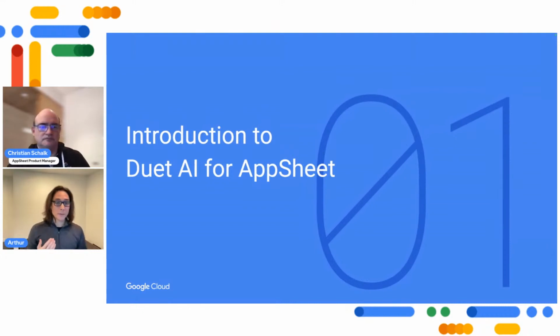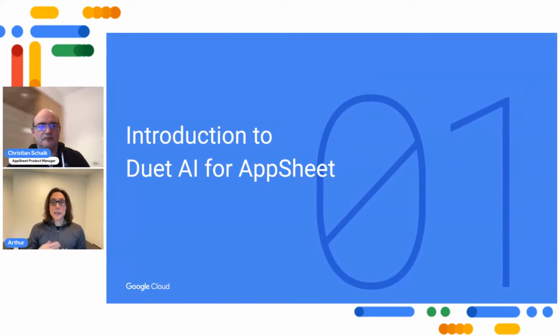We'll dive in detail into what Duet AI for AppSheet can do. But just to preamble, I want to emphasize that everything we're going to cover here is about Duet AI for AppSheet, in the sense that it's very specific. If you have questions about Duet AI and how it behaves in other Google products, we're not going to be able to answer those questions here, and we'll have to find other resources for you.